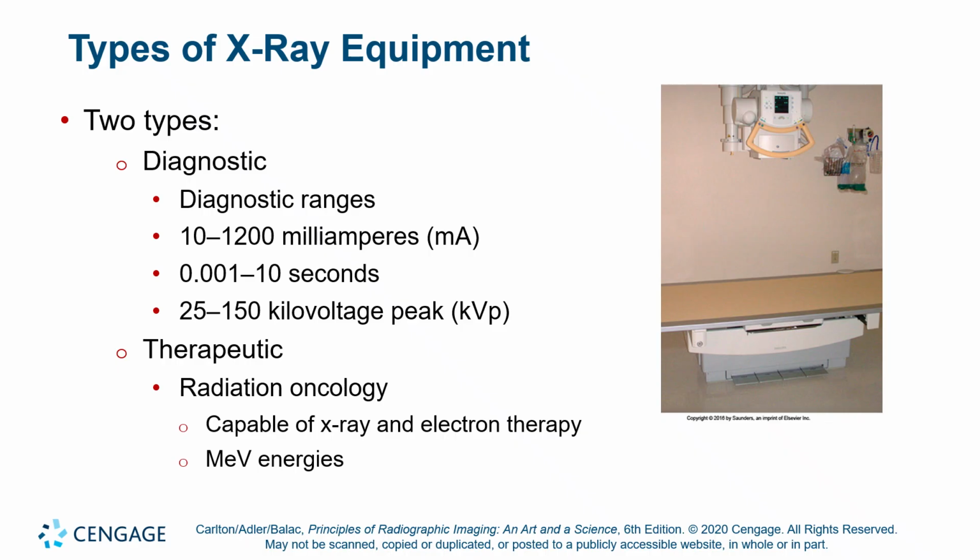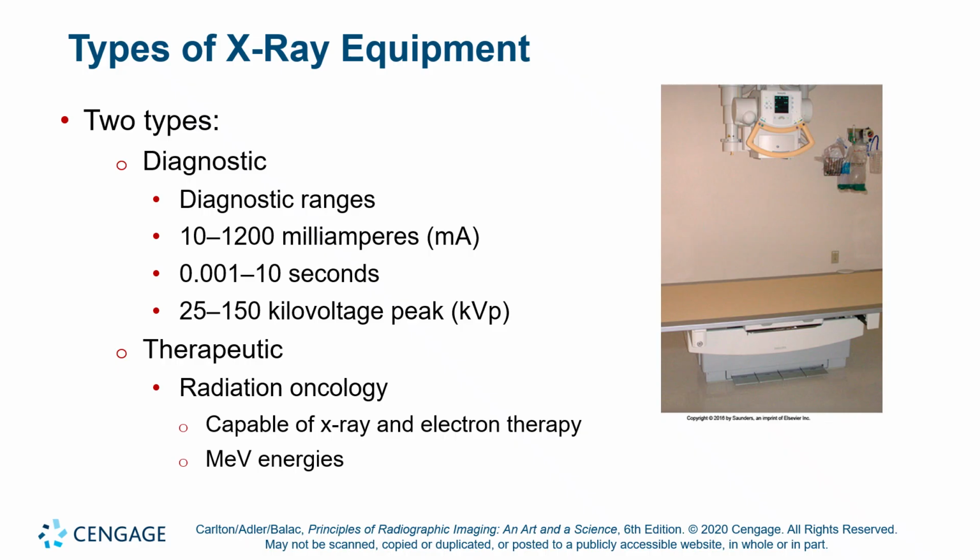Exposure times: 10 seconds is generous, 5 seconds is an eternity for an X-ray exposure, but all the way down to 1/1000th of a second. That's for the modern equipment, that's pretty good actually. And then 25 to 150 kVp.